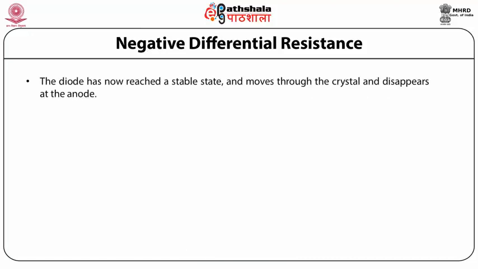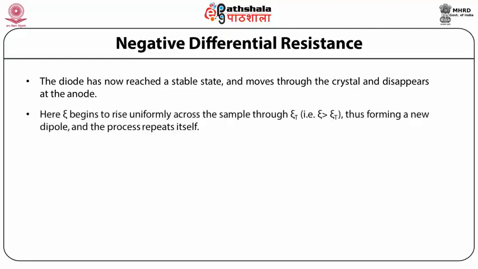So the domain has now reached a stable state, moves through the crystal and disappears at the anode. Here the field begins to rise uniformly across the sample through E_t, that is, E is greater than E_t, thus forming a new dipole, and the process repeats itself.